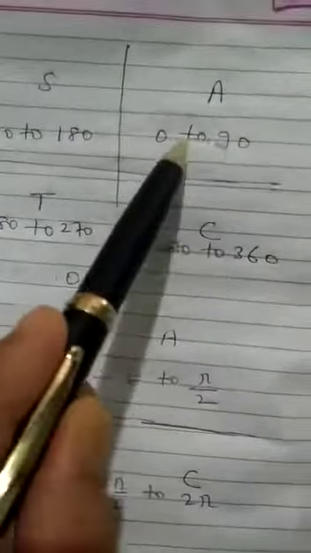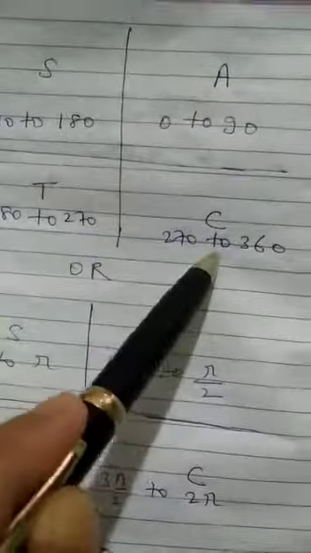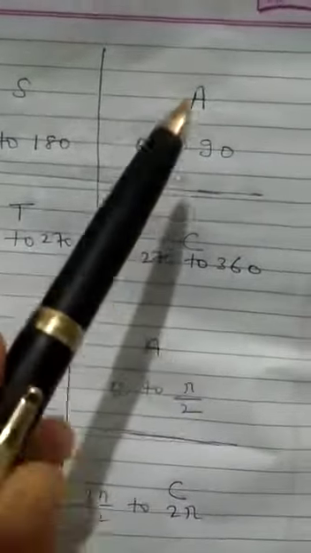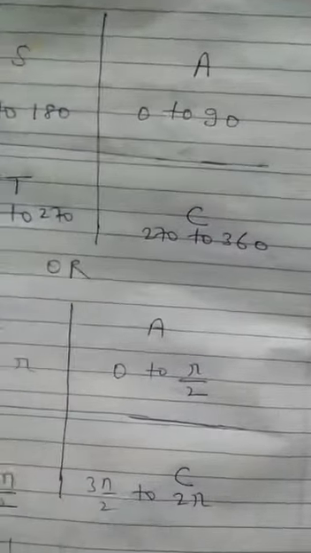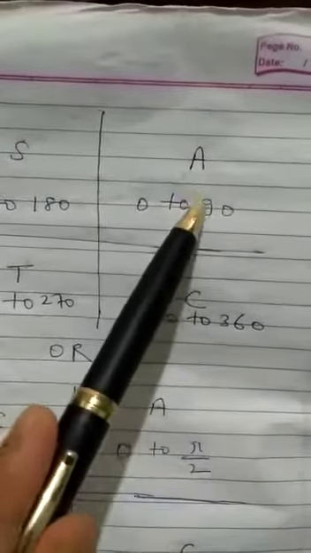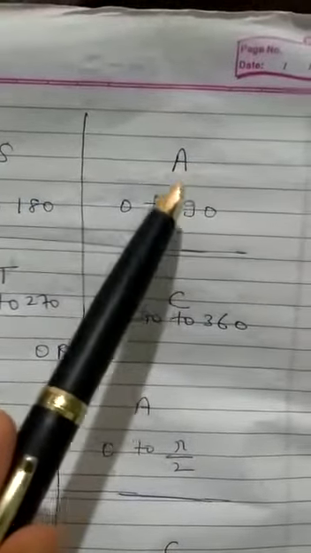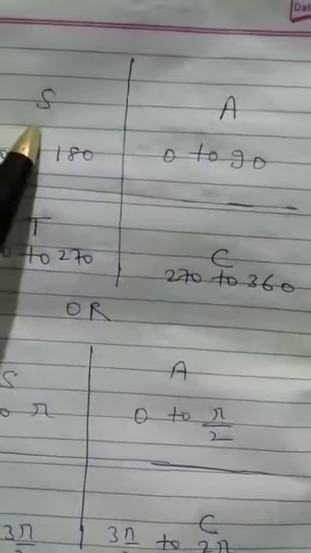Now let's see the quadrants: first quadrant, second quadrant, third quadrant and fourth quadrant. ASTC means All Students Take Coffee. From 0 to 90, the first quadrant, all ratios are positive: sin, cos, tan, cot, sec, cosec. S is for sin, the reverse of cosec.